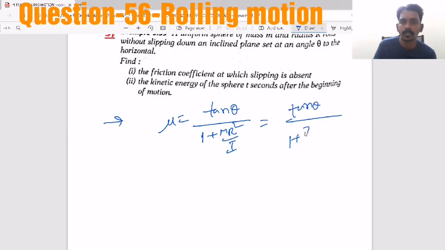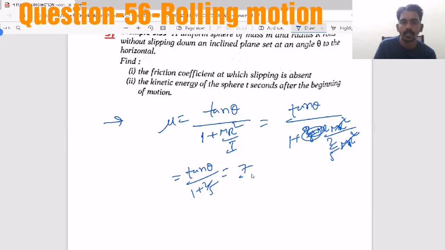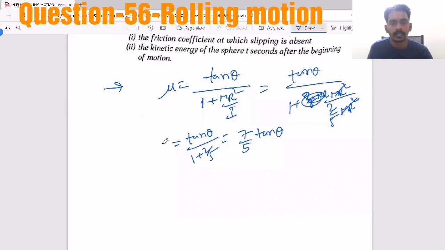So tan theta by 1 plus m r square by I, where I is 2 by 5 m r square. So m r square cancels. So tan theta by 1 plus 2 by 5, it will become 7 by 5 tan theta. This is the minimum coefficient of friction needed to avoid slipping.